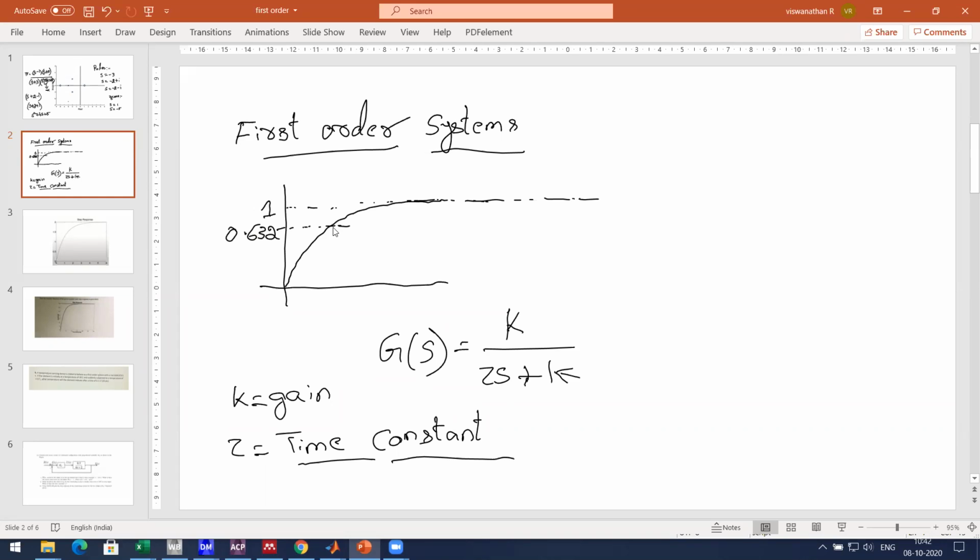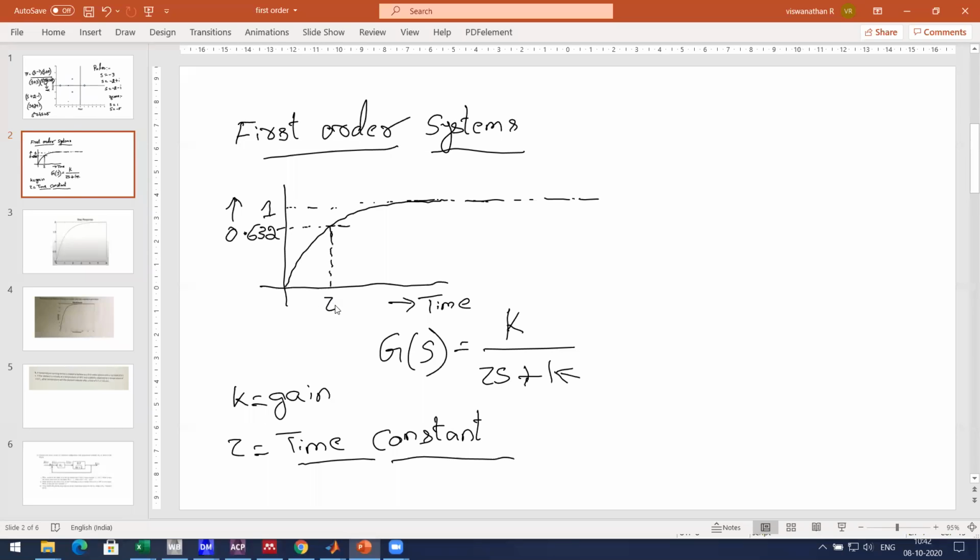X-axis is the time, y-axis is the response. So 63.2% of the total output is called one time constant. This is the definition.